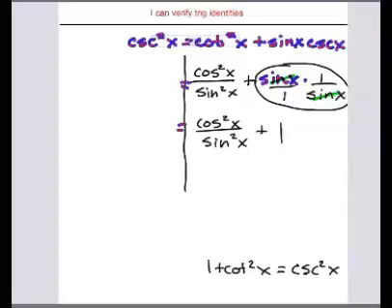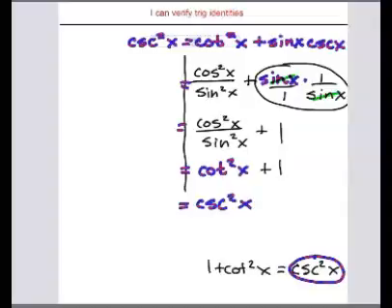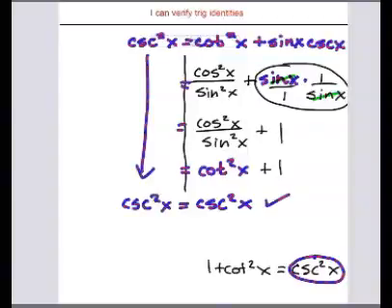But then I look at this and I'm like, oh, well, this cos over sin is cotangent. That's the same as cotangent. And if I keep the plus 1, now I can just substitute that for the cosecant squared, which is equal to cosecant squared.